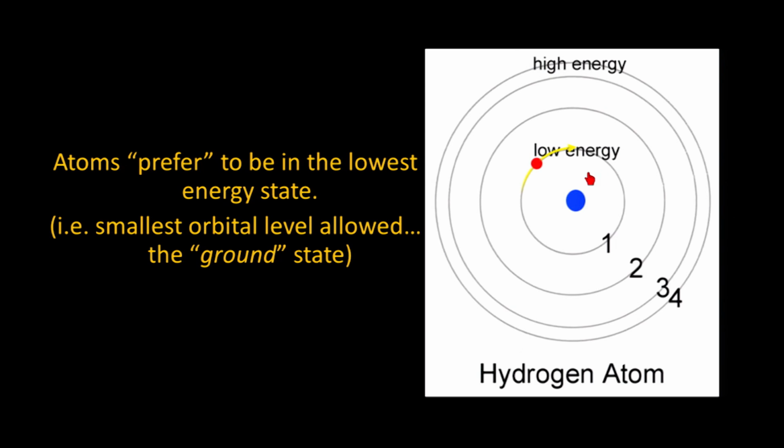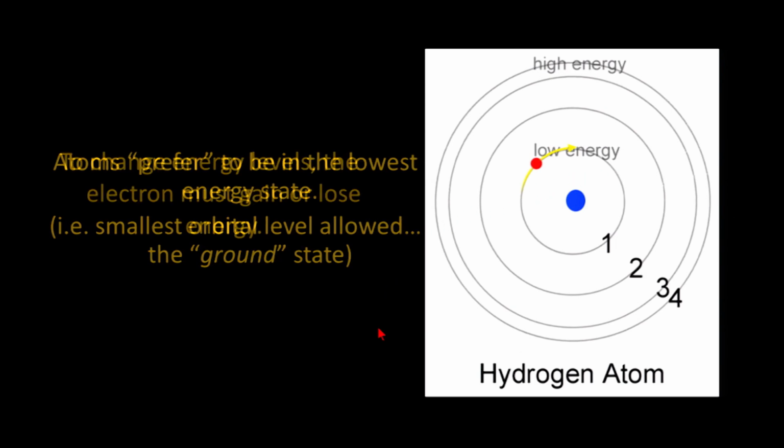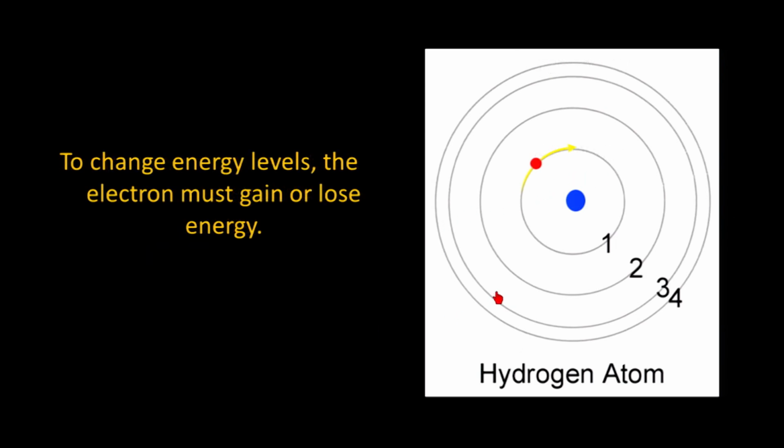Now the last set of rules govern how the electron can change levels. What you'll notice in our animation here is the electron is going from level 1 to level 2, and then it comes back to level 1, and then this whole thing starts all over again. Here's what's happening.